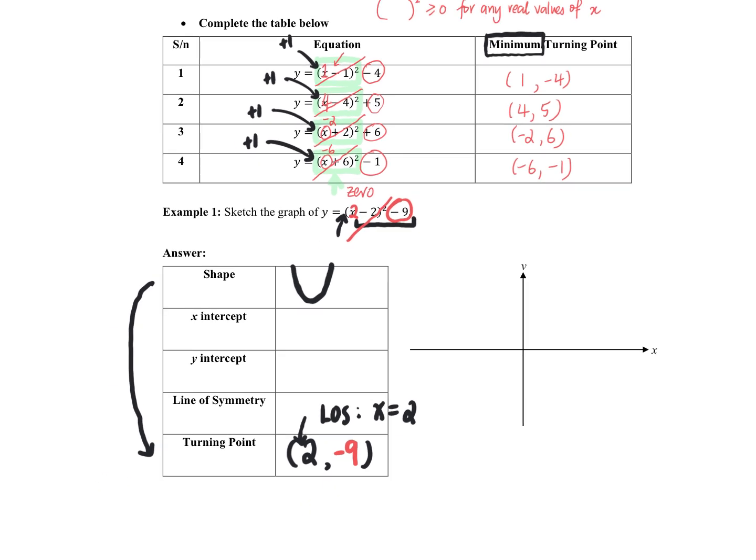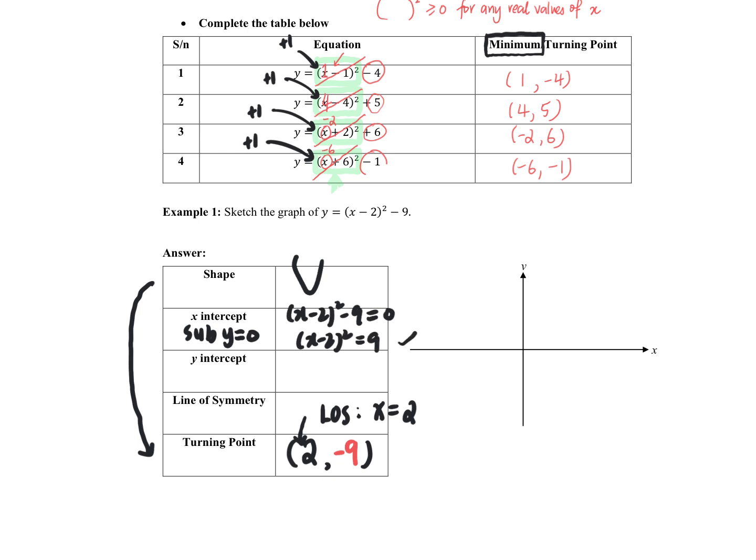Okay, how to find x-intercept? Again, same thing. You sub y as 0. So when you sub y as 0, oh, I heard the bell. Okay, so when you sub y as 0, you just shift the 9 over. If you take a square root, then you get plus minus 3.